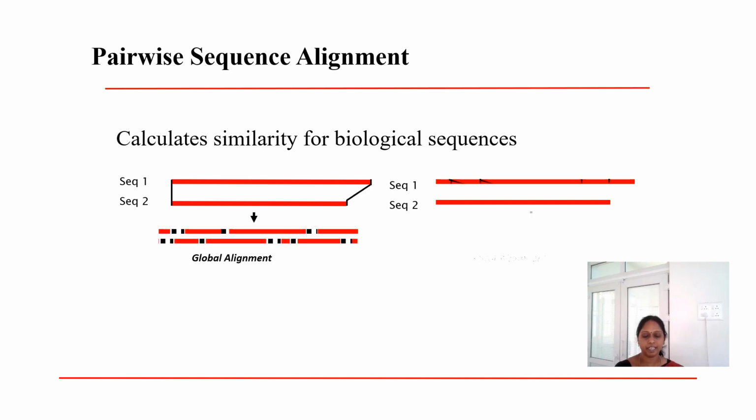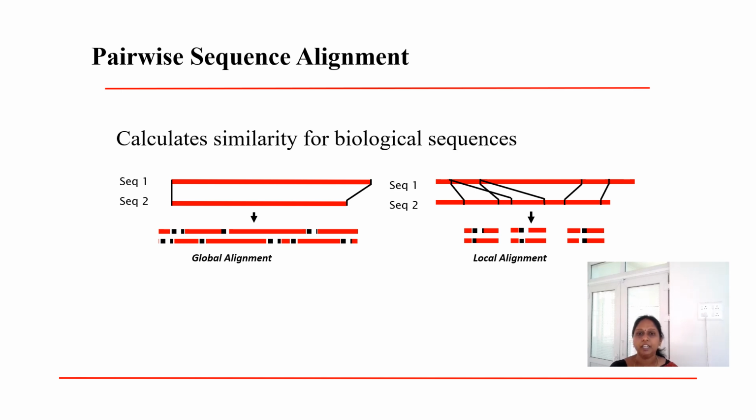This is an example showing global alignment and local alignment. In global alignment, it will look for similar regions from one end to the other of the entire sequence. Whereas in local alignment, you can see the regions which are similar.